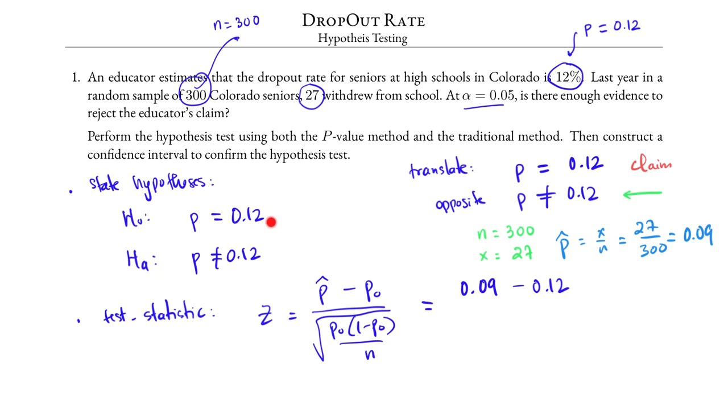The null value comes from the null hypothesis, divided by the square root of p naught, which is 0.12, times 1 minus 0.12, divided by n. N is the sample size, 300. Put this in a calculator, we will get negative 1.60, rounded to 2 decimal places. This is the test statistic.